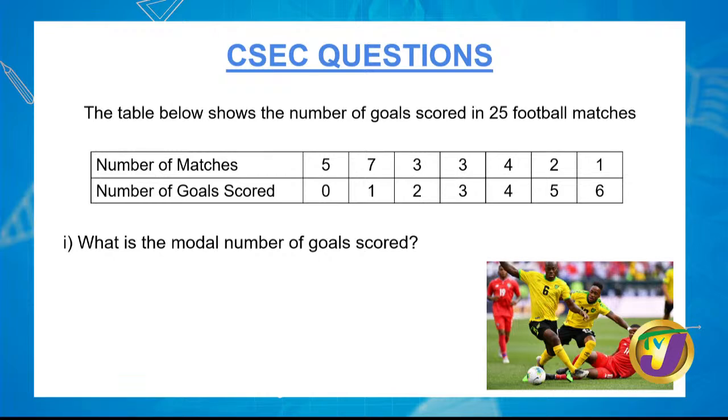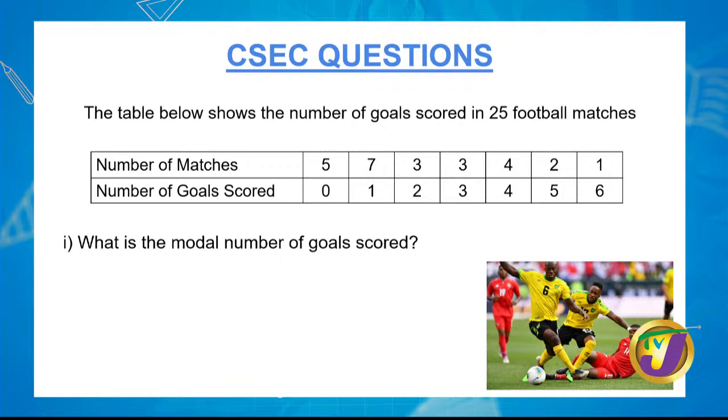So what is the modal number of goals scored? We're trying to look for the highest frequency first because we're looking for a modal value, right? So that is the first thing we're trying to pick up, the highest frequency. And we're saying the number of matches gives us the frequencies. Yes. Therefore, I'm seeing the largest value in that to be 7.